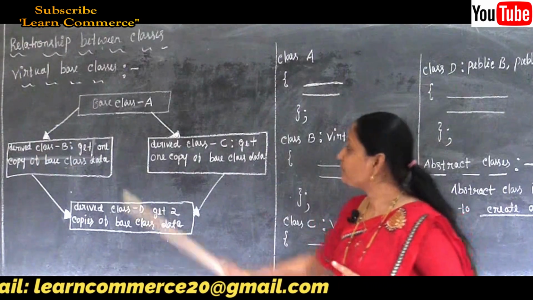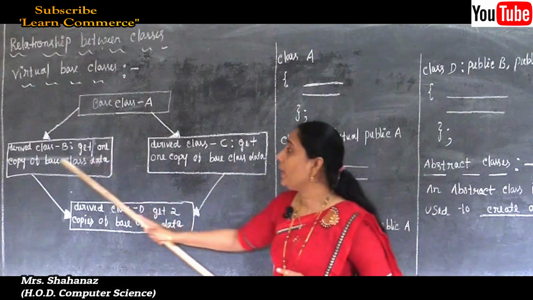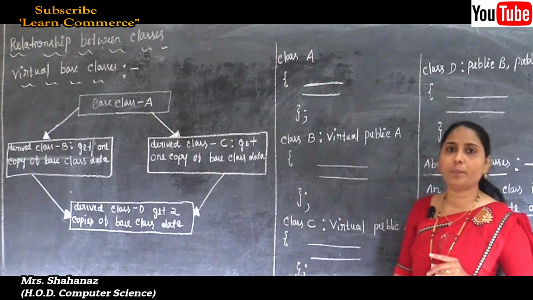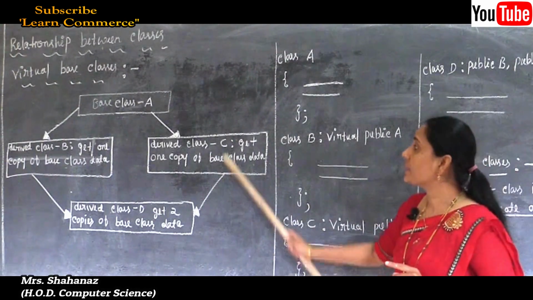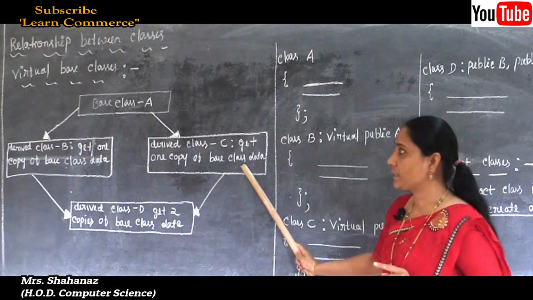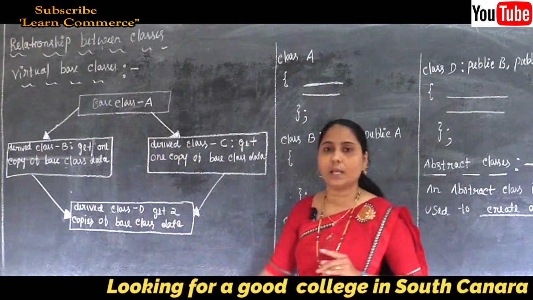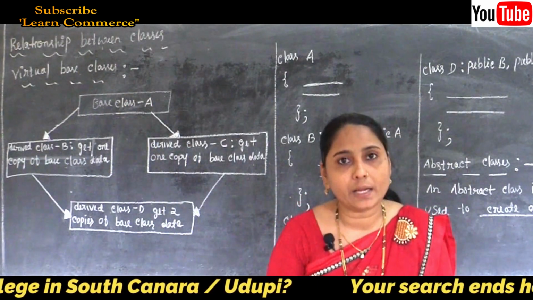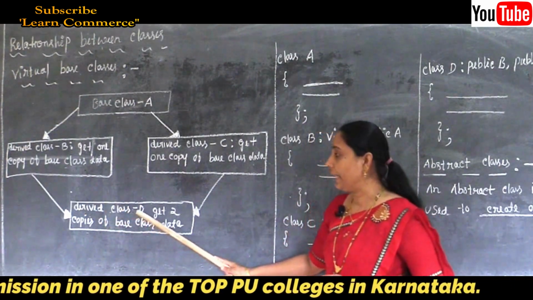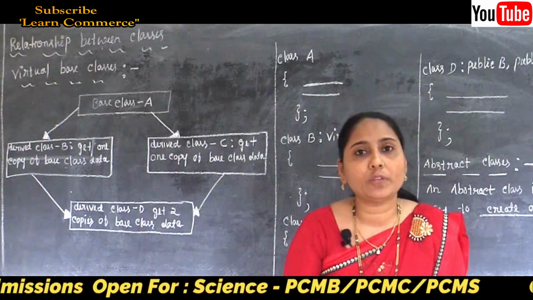Clear this point here? Our derived class B gets one copy of the base class data, and not only class B, the derived class C also gets only one copy of the base class data, because these two classes are constructed using the base class A. The last class is the derived class D, which gets two copies of the base class data.